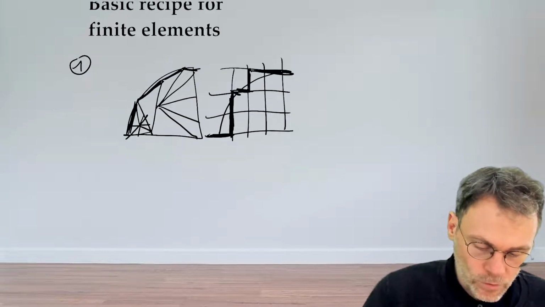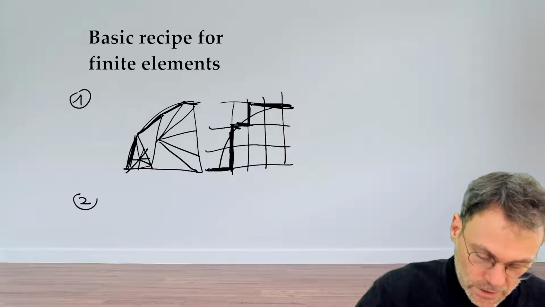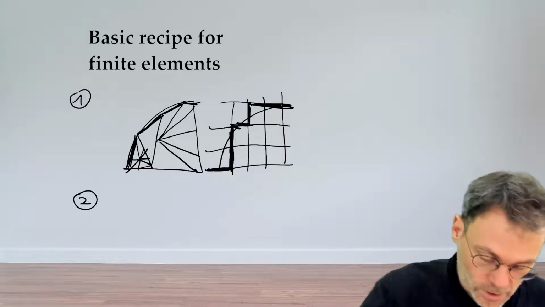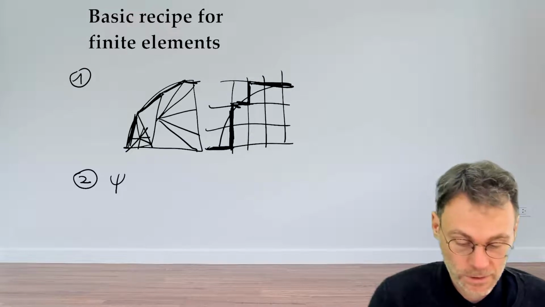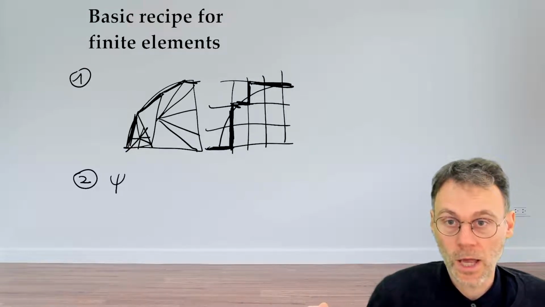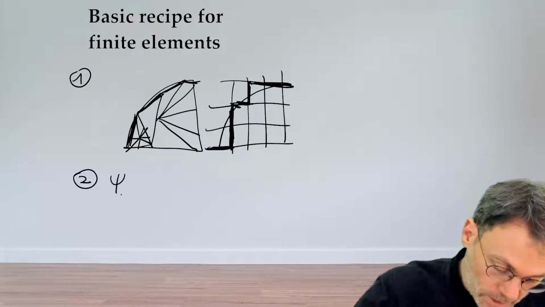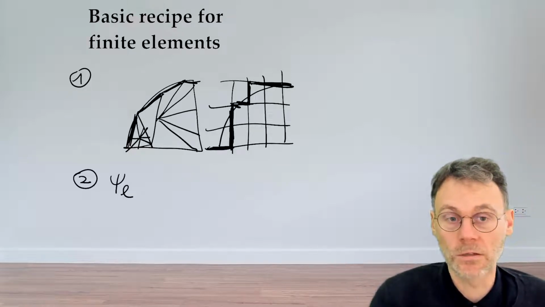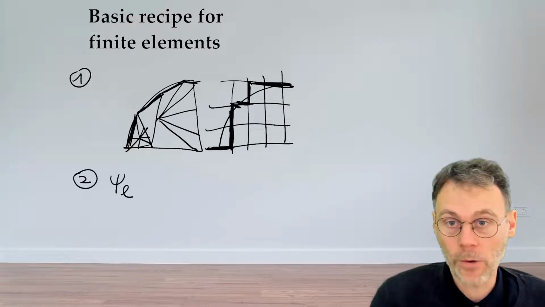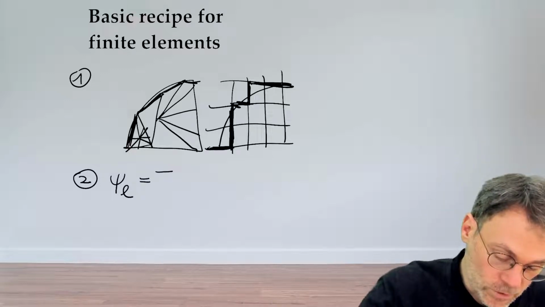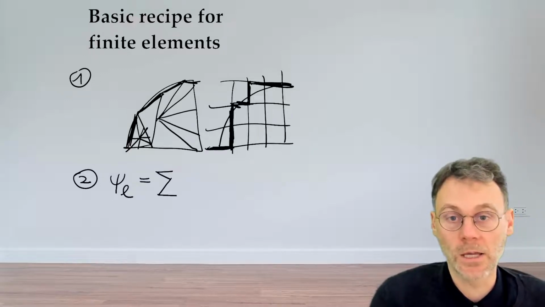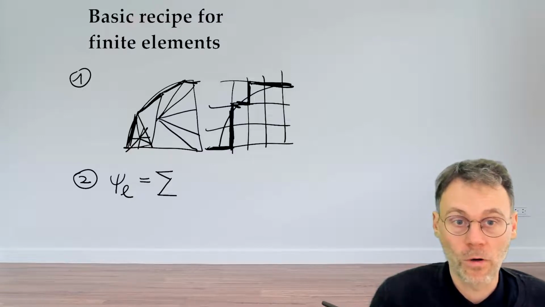In step two, we're going to figure out how we're going to represent the unknown, which in our case will typically be the field, in each of these elements. So let's say we're looking at a certain element L, and we're going to look at the field in that element. How are we going to represent this? Well, we're going to represent this by having some sort of approximation as a sum of a limited number of basis functions.